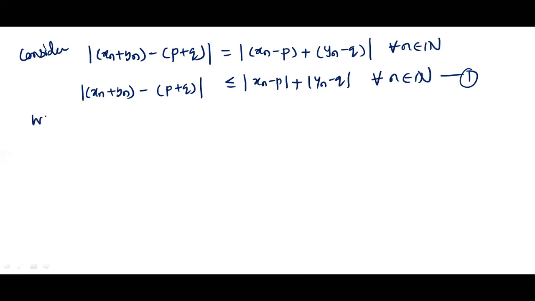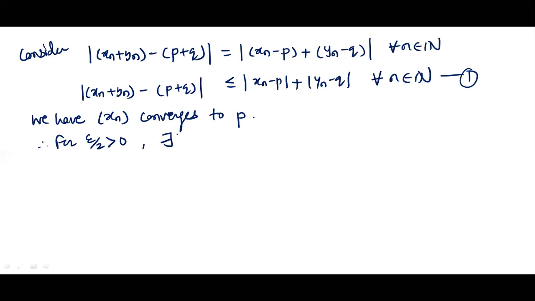We have the sequence xn converges to a real number p. Since epsilon is positive, epsilon by 2 is also positive. So for epsilon by 2 greater than 0, there exists a natural number n1 such that mod of xn minus p is less than epsilon by 2 for all n greater or equal n1.